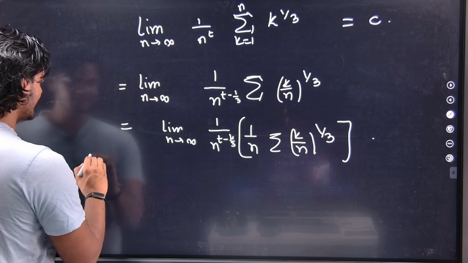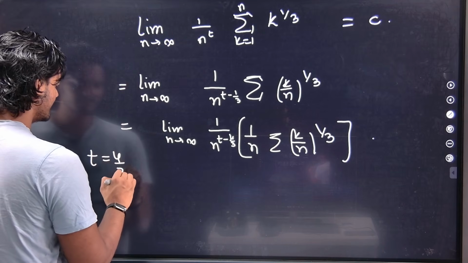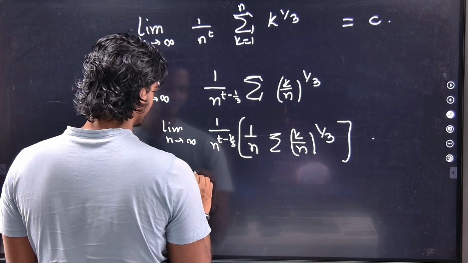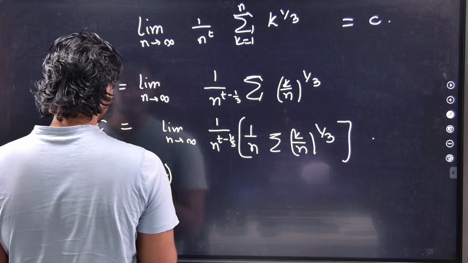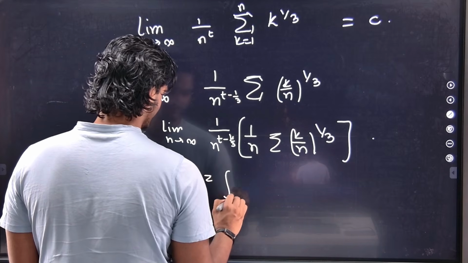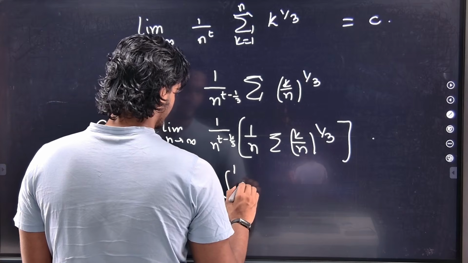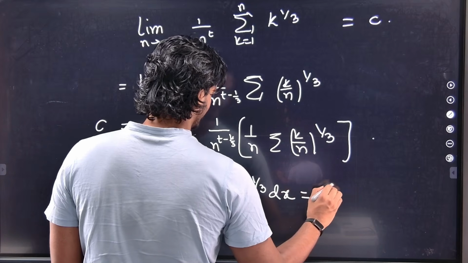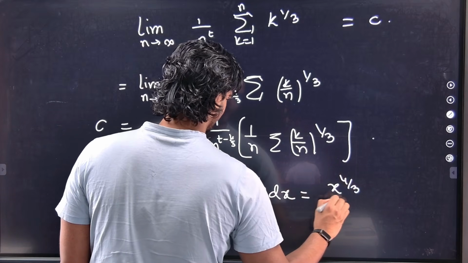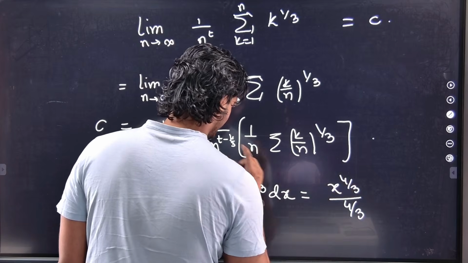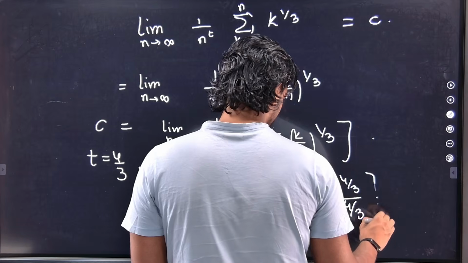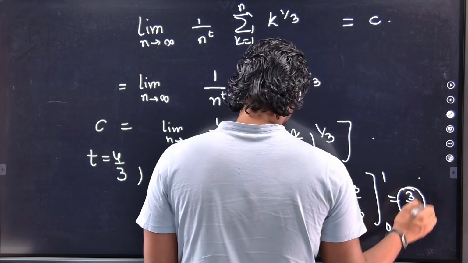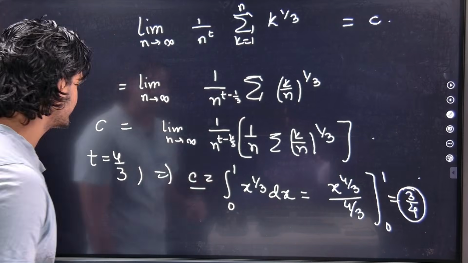So if t is exactly 4 by 3, then this value is simply c. So c is equal to the integral 0 to 1 of x power 1 by 3 dx, which is x power 4 by 3 by 4 by 3, from 0 to 1. That is simply 3 by 4. So c will be 3 by 4 if t was 4 by 3.